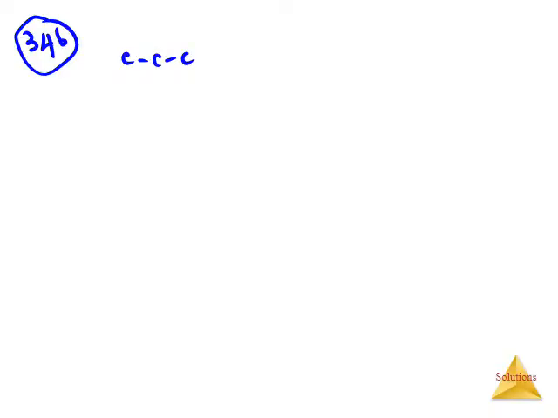Since it's propionic acid, 3 carbons. And the other one is sodium propionate. 1, 2, again without the hydrogens attached to carbons. This is O minus and sodium plus.